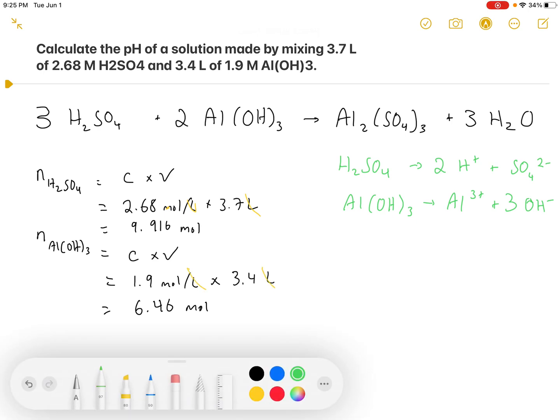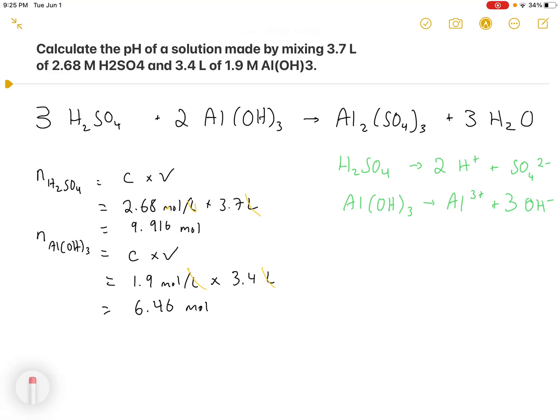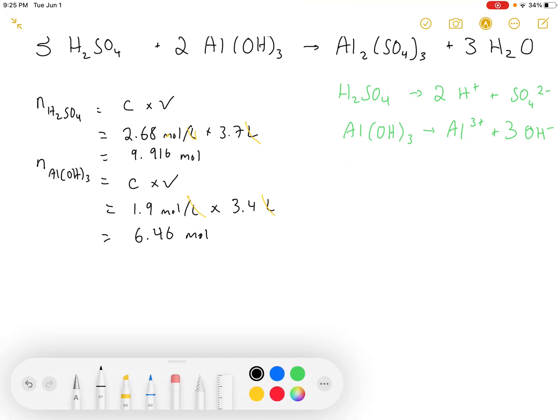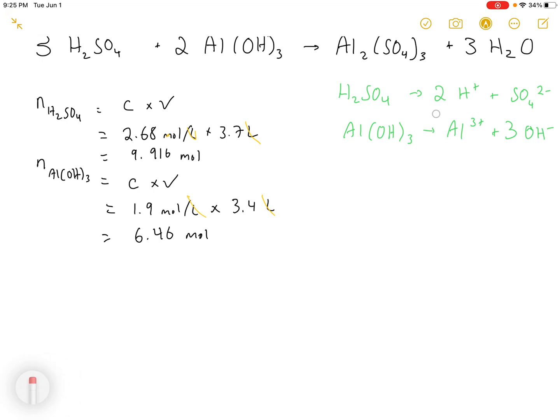Now what we have to keep in mind is that we'll look to the ionization and dissociation equations over here based on the number of moles that we've made. We know that for the acid, there are 2 hydrogen ions produced for every 1 molecule of sulfuric acid, and there are 3 hydroxides produced for every 1 molecule of aluminum hydroxide.